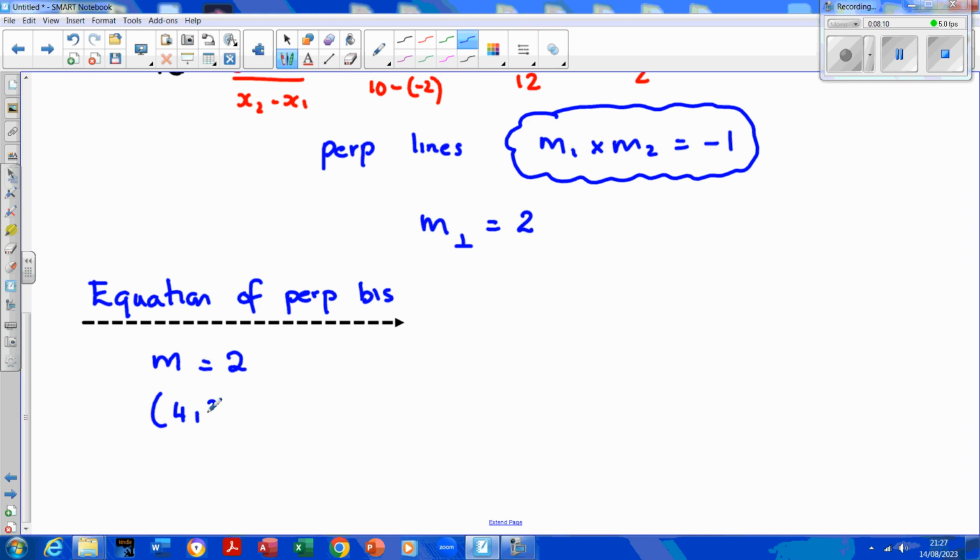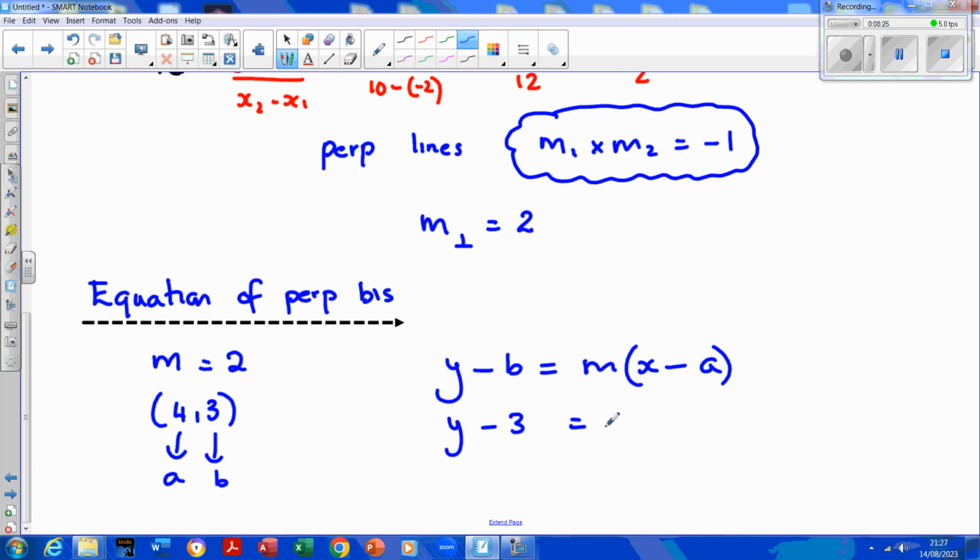So once I've done that, I'm using y minus b is equal to m times x minus a. That becomes a and b. So therefore, y minus b is y minus 3 is equal to 2 times x minus a, which is x minus 4. So y minus 3 is equal to 2x minus 8.